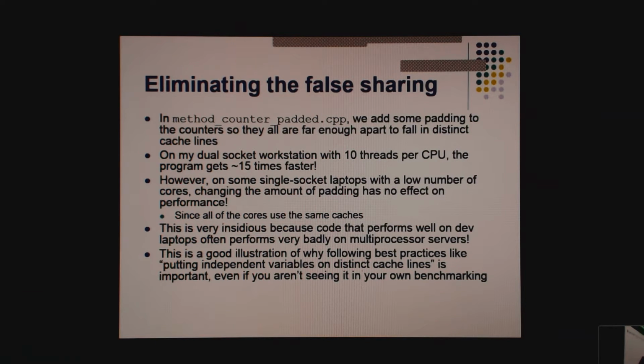And then you've wasted millions and millions of dollars. All right? So this is a good illustration of why following best practice, like putting independent variables on distinct cache lines, is important, even if your own benchmarks aren't showing it.